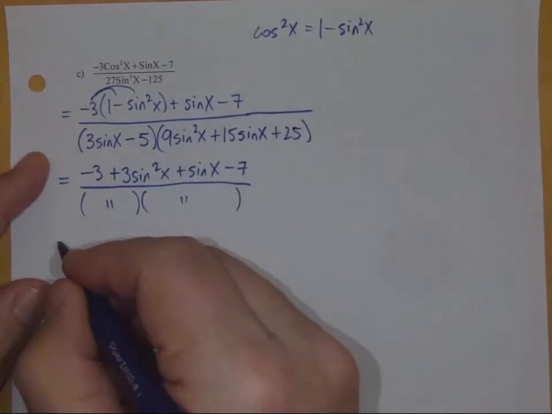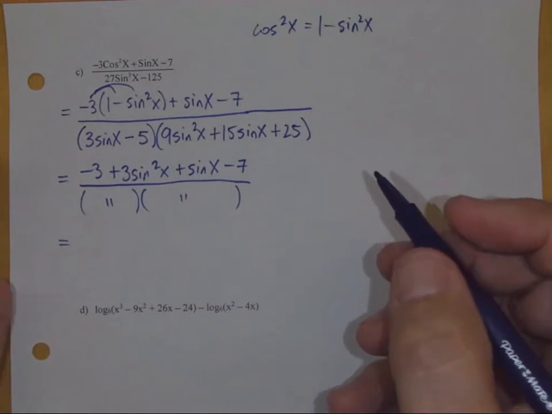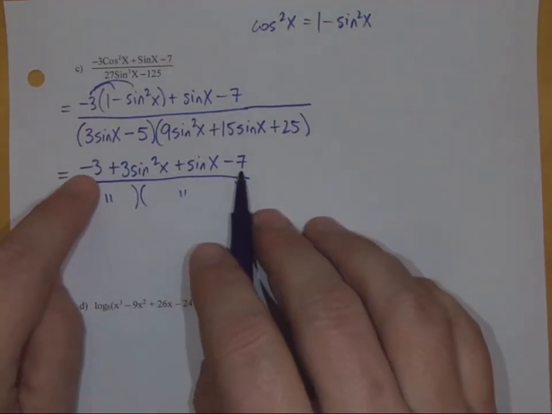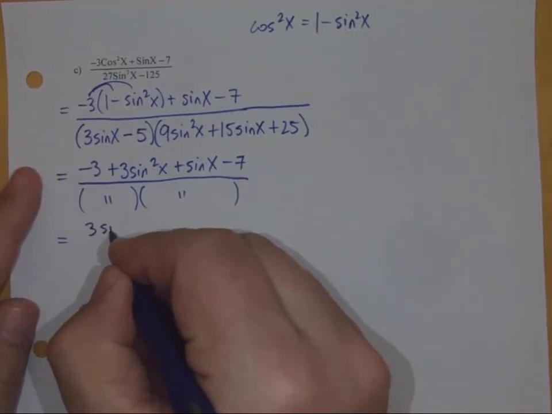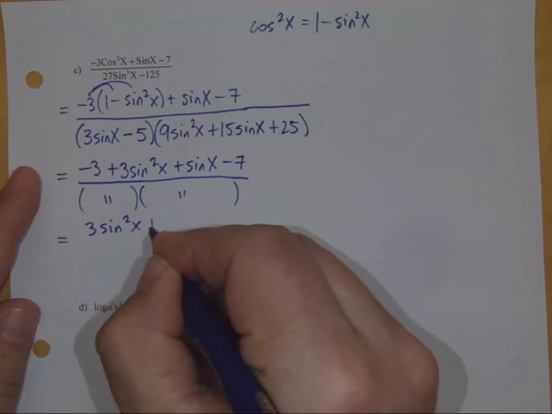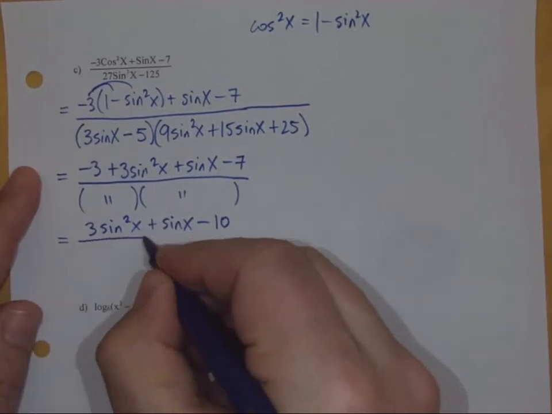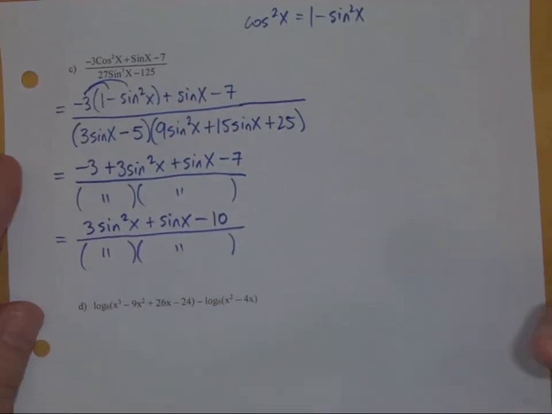I'm just not going to write the whole thing out to save time. Next, let's combine all our like terms together. Well, I see I've got two constants here. Negative 3 and negative 7 combines to give me negative 10. So all together we have 3 sine squared x plus sine x minus 10 all over, quote, quote, same.